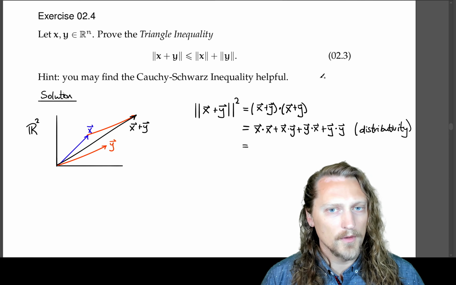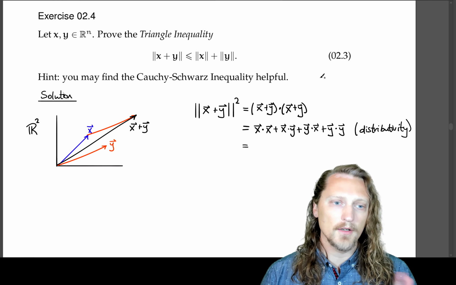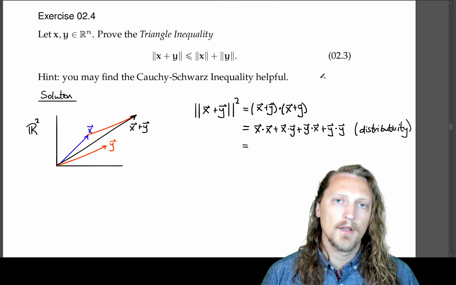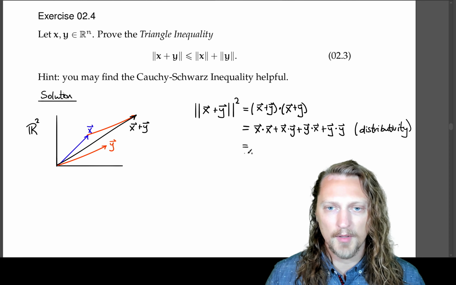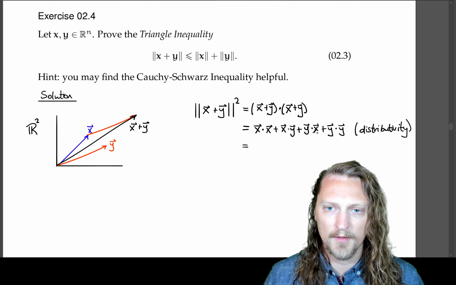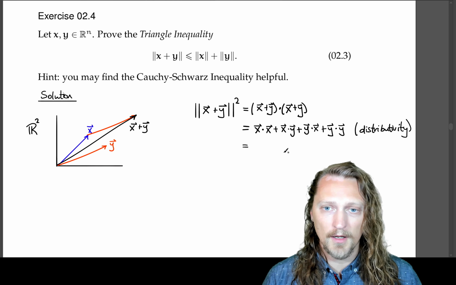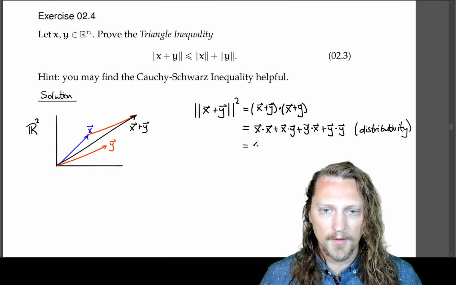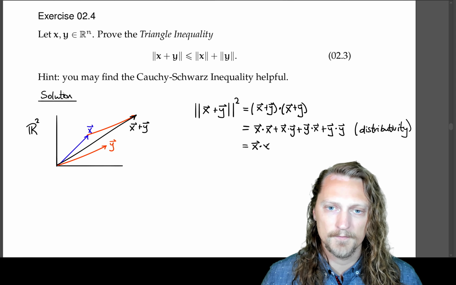Now we can use the property of the dot product that the order doesn't matter, which is also called commutativity. So the dot product commutes. You can switch x and y, which means that these two terms in the middle are identical. So we could write them as either x dot y or y dot x.